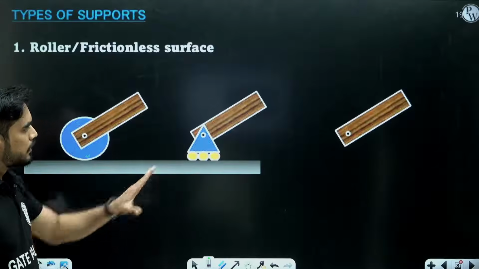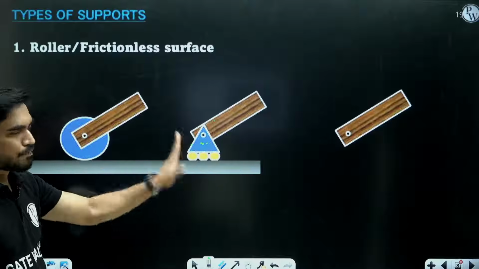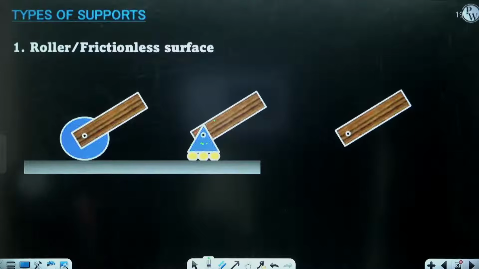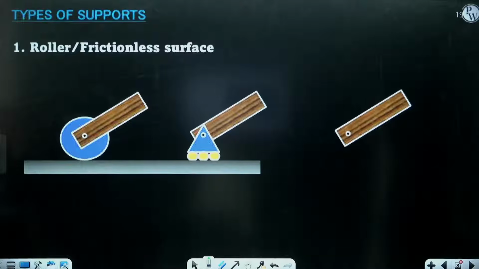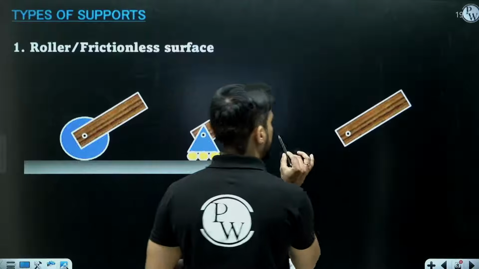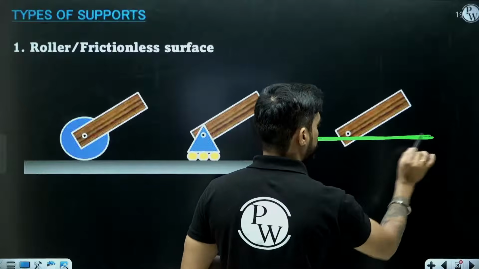If I isolate the body from this roller support, what reaction force am I going to get? Understand. This body can freely move in X direction, right?